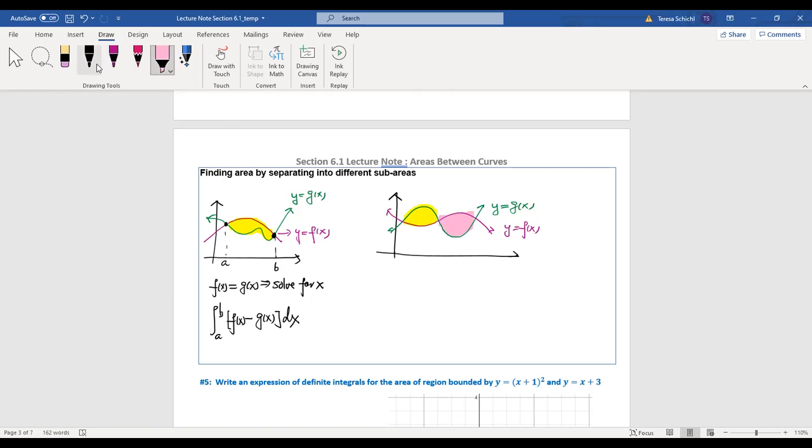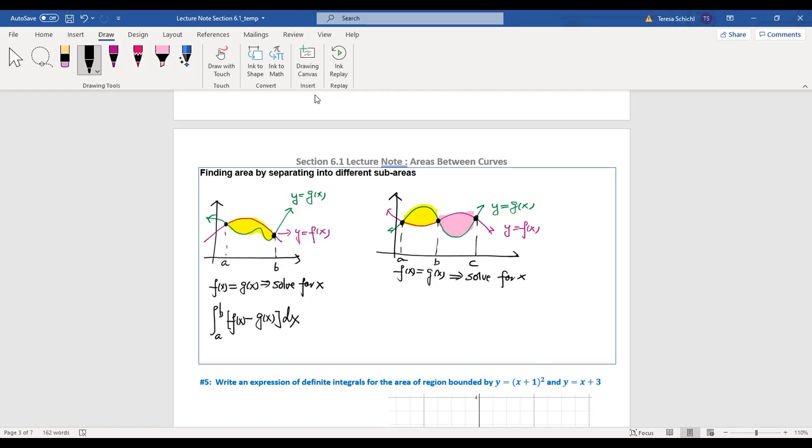For this one, you still need to set the two curves equal, f of x equal to g of x, and solve for x, so you will find A, B and C here.